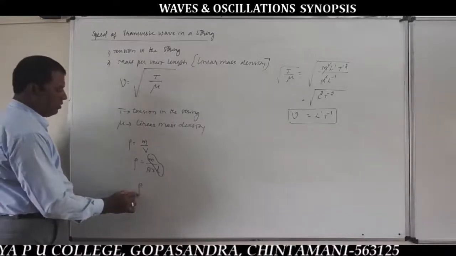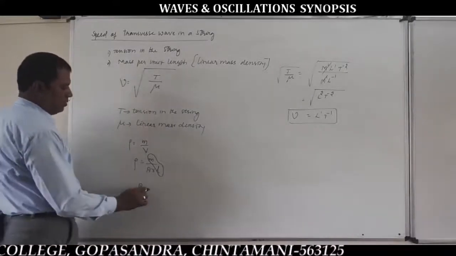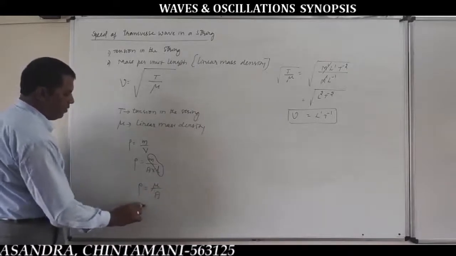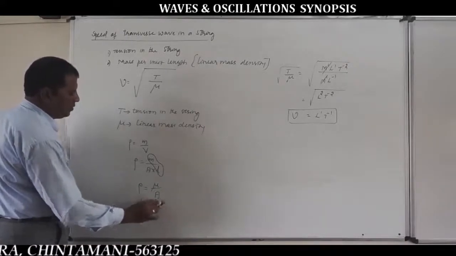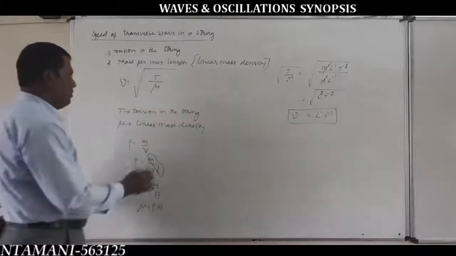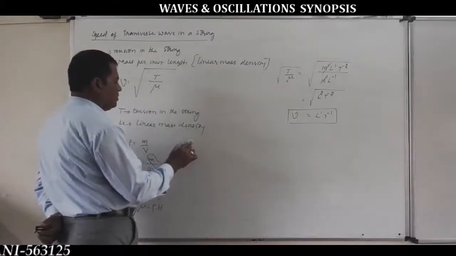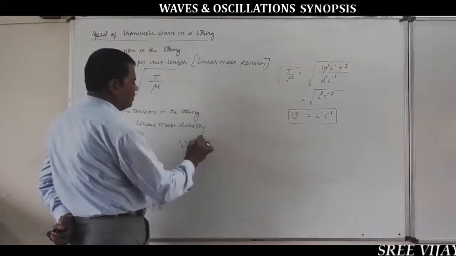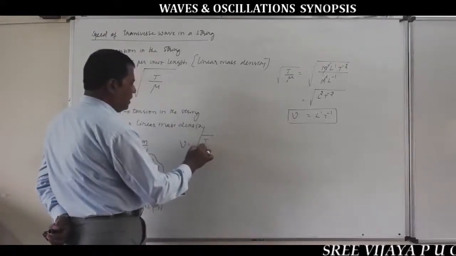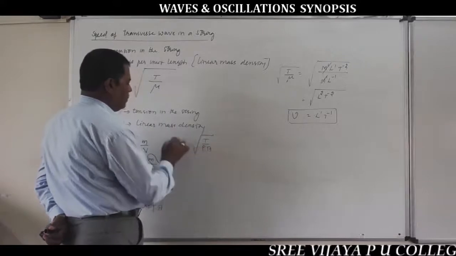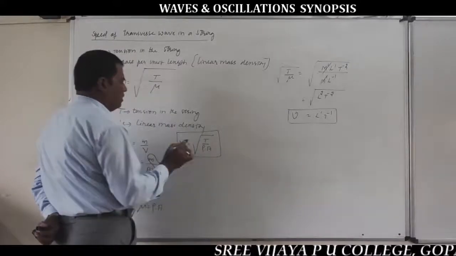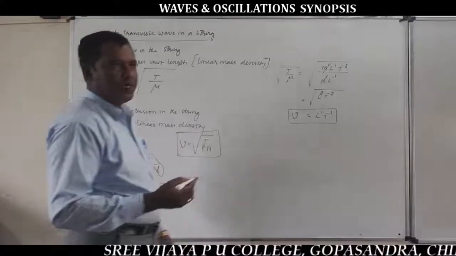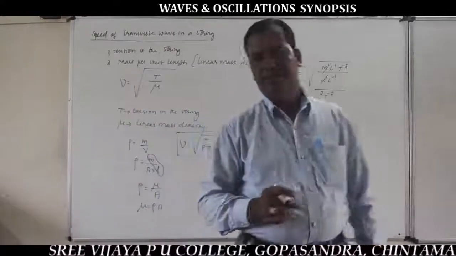So therefore rho is equal to mu by A, or mu is equal to rho into A. So velocity is expressed in terms of density of material of the string. It is given by the equation square root of T divided by rho into A, where T is the tension in the string and rho is the density of the material of the string.